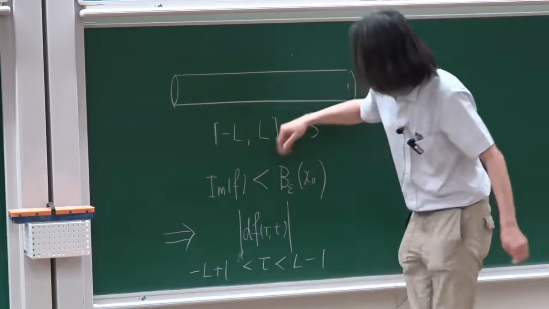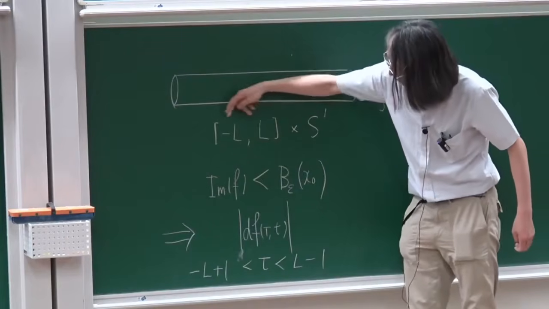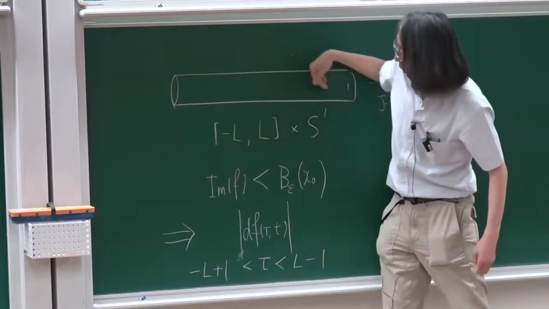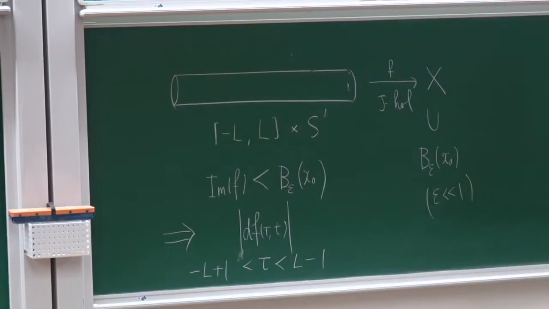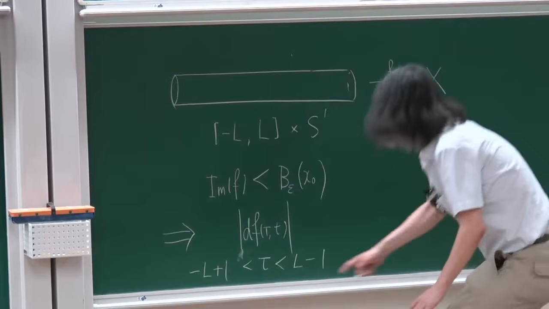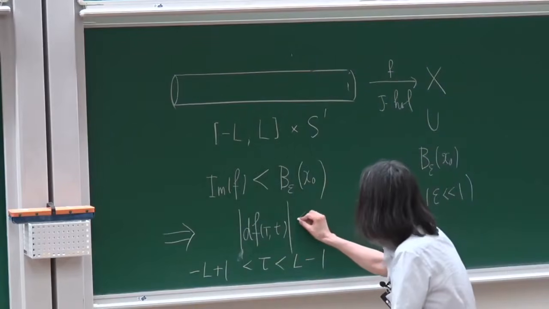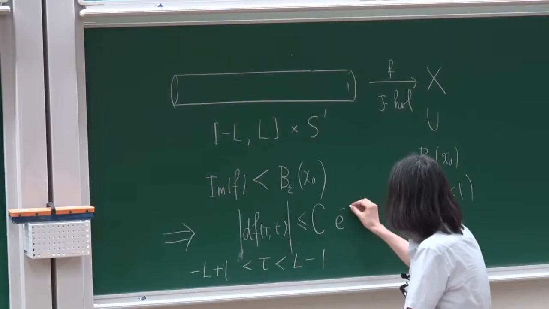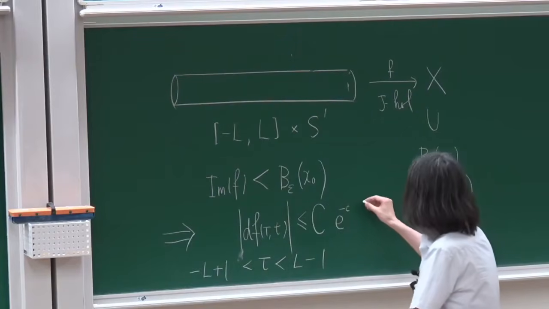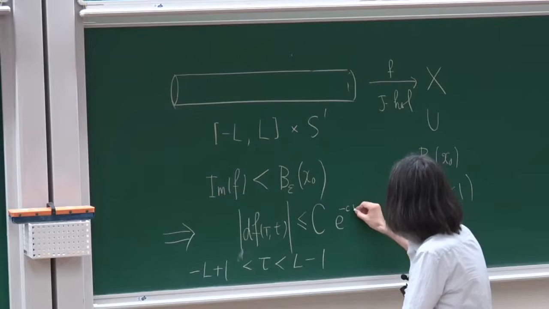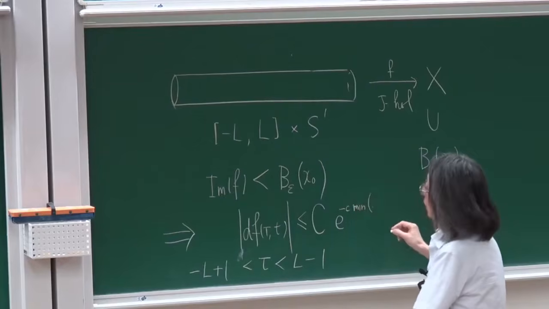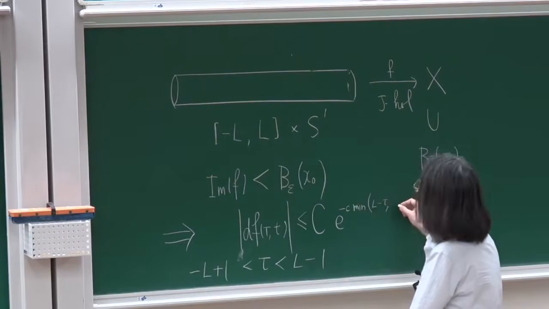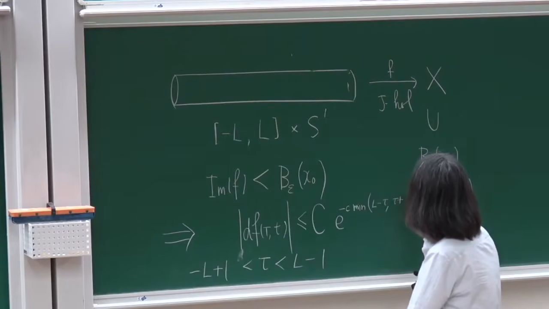Namely, the original domain is minus L to L, but I consider a little bit smaller one, minus L plus 1 to L minus 1. And then this derivative is bounded by some constant times e to the minus another constant c times the minimum of L minus tau and tau plus L.